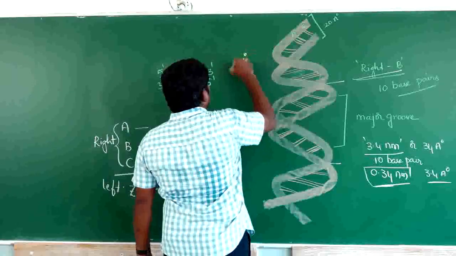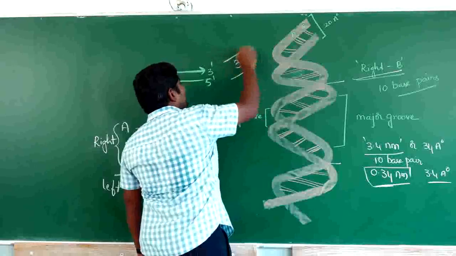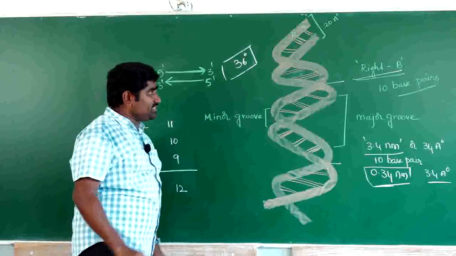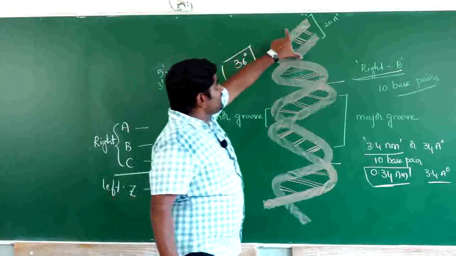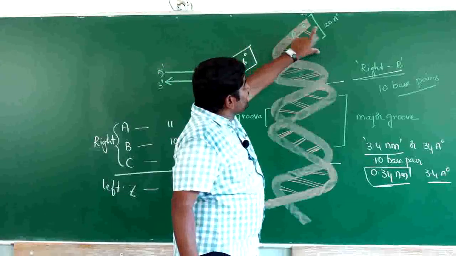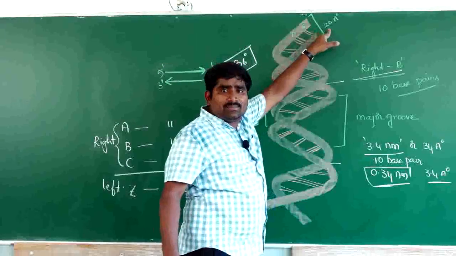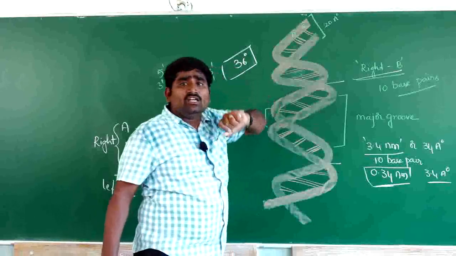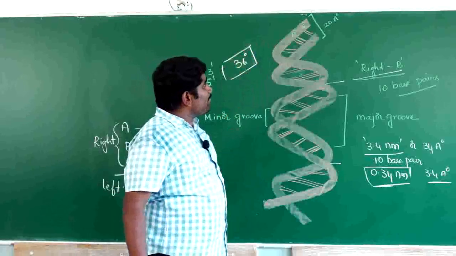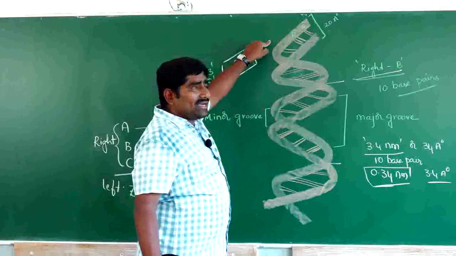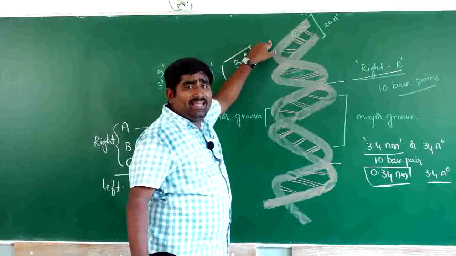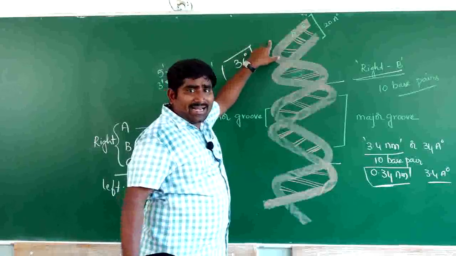The distance between the two polynucleotide strands is 20 angstroms. And what is the backbone for the polynucleotide strand? The sugar and phosphate group is the backbone for the polynucleotide strand.